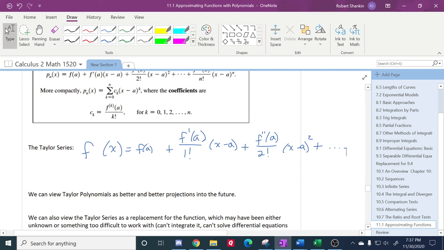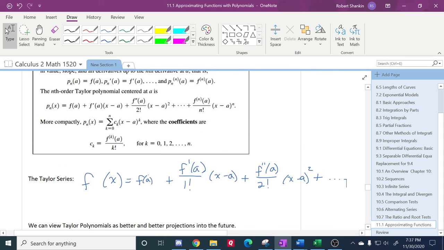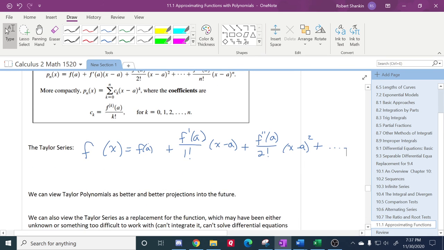Each of these terms adds smaller and smaller corrections. This is the most important term, and then they get less and less important as you move on. When we actually use them to approximate things, we usually only need about 3 terms or so. But we are very careful that we don't project too far into the future.